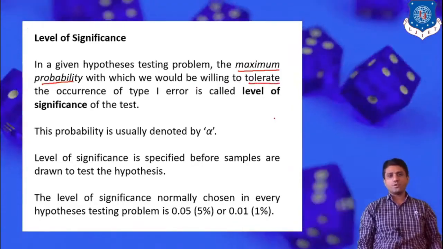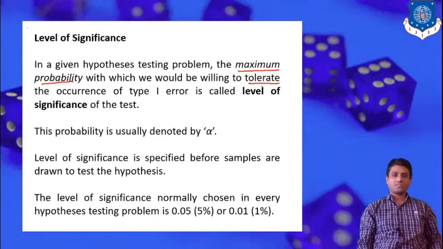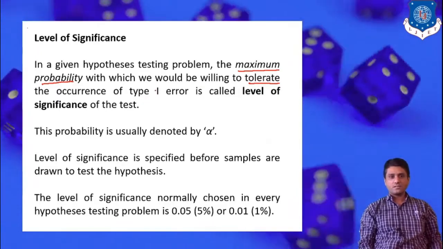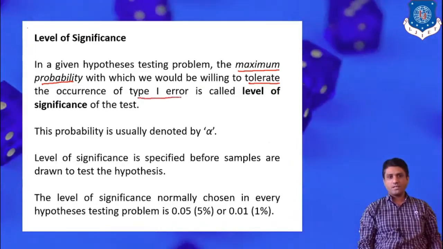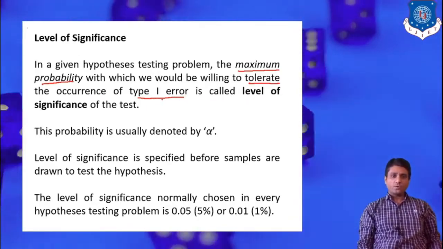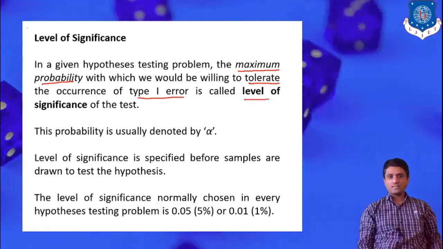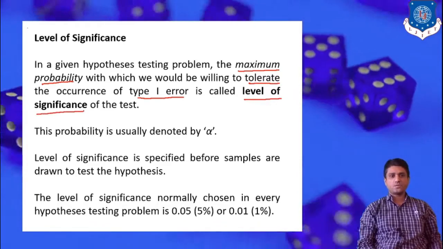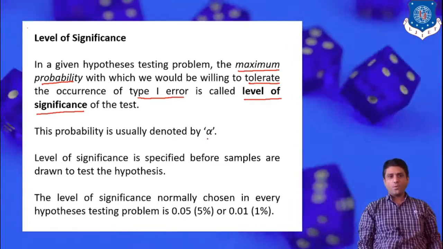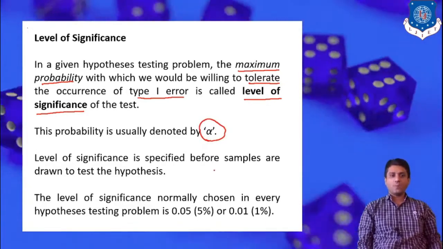That means we consider a particular error occurrence. In our previous lecture we saw the type 1 error. The maximum probability of the type 1 error that we allow is known as the level of significance of that particular test, and it is denoted by alpha.